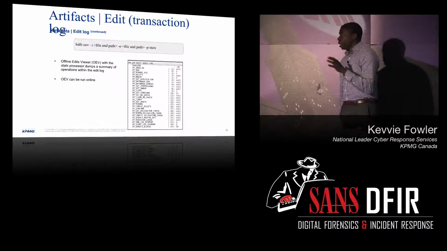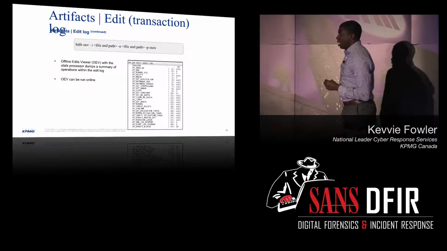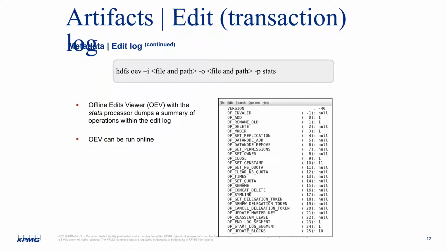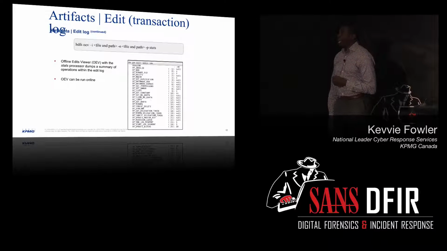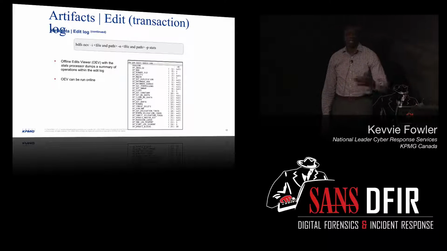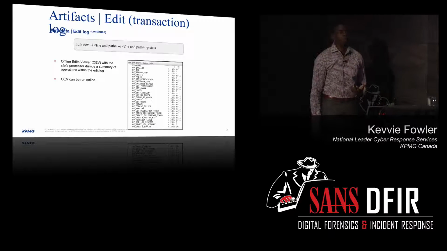And to do that, you can actually use the OEV, not to be confused with offline image viewer. This is offline edit viewer. So you can actually use this utility with the processor argument, and it will dump a summary of all the transactions. How many files were added, deleted, modified, renamed, all of that good stuff is in there.